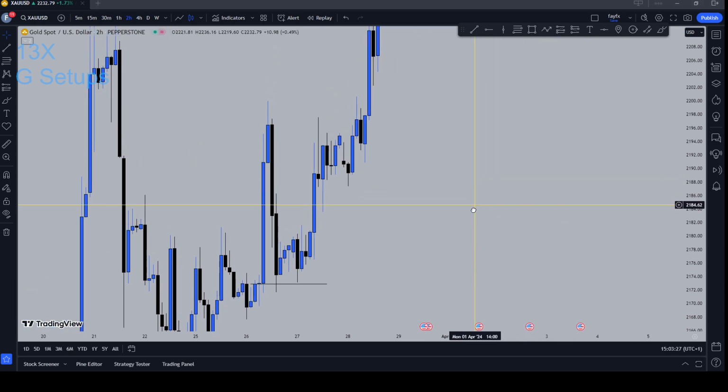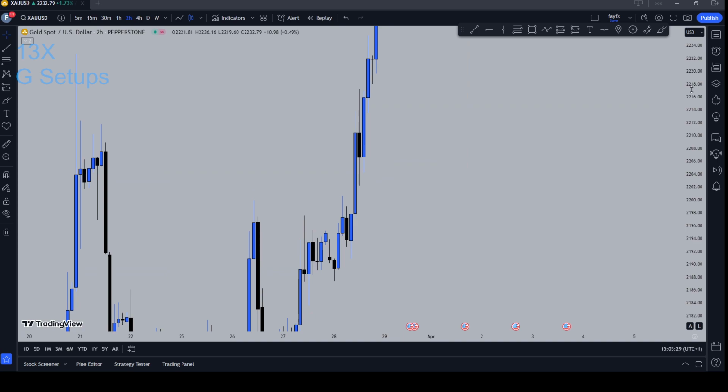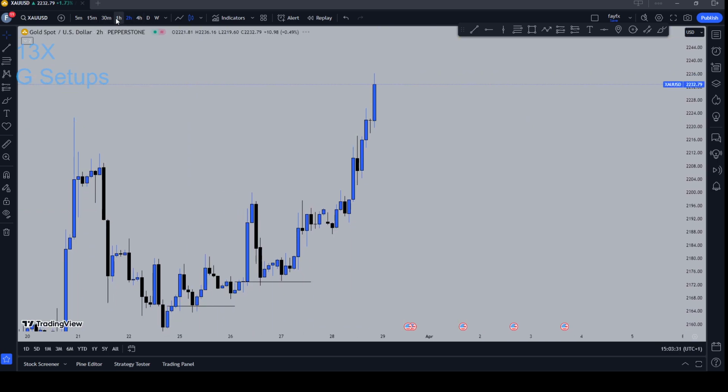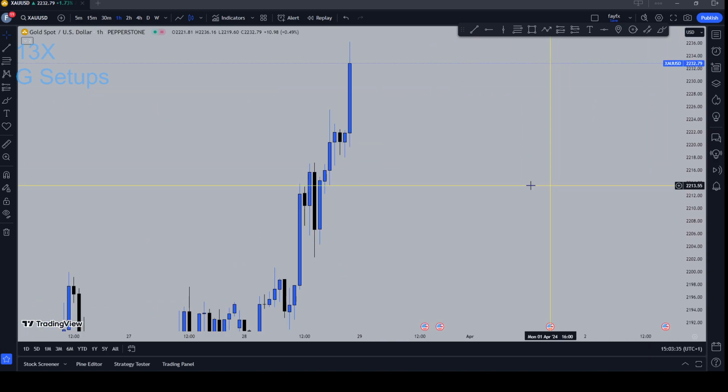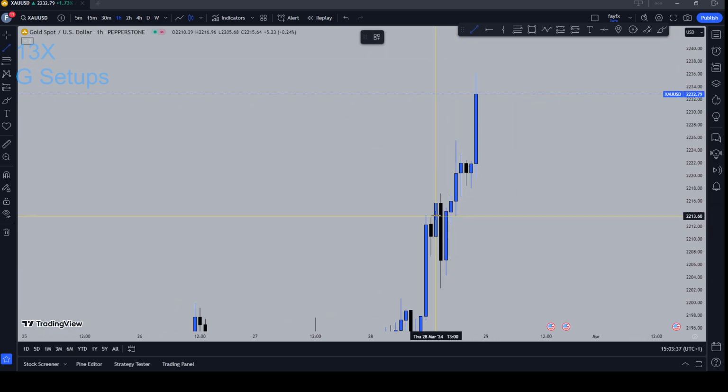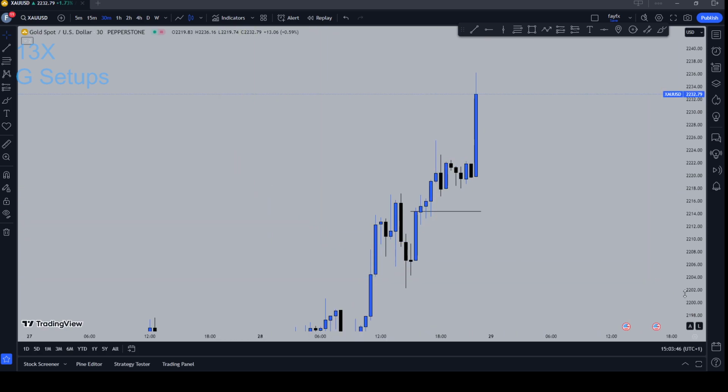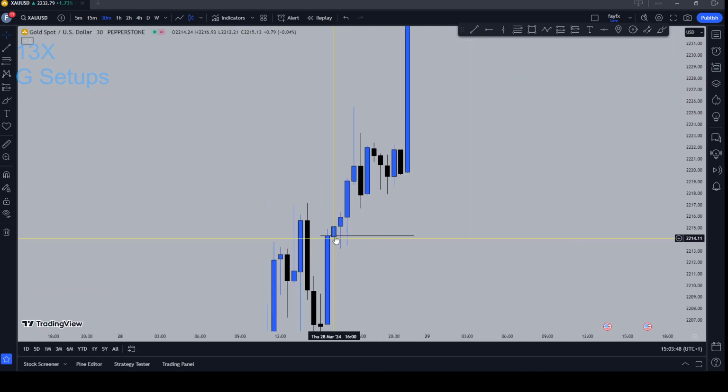Let's find more examples. Let's go to 1 hour. This is a trade I took. We have an H1 gap. When we go one time frame lower, we find a gap CC. It's a very good trade.